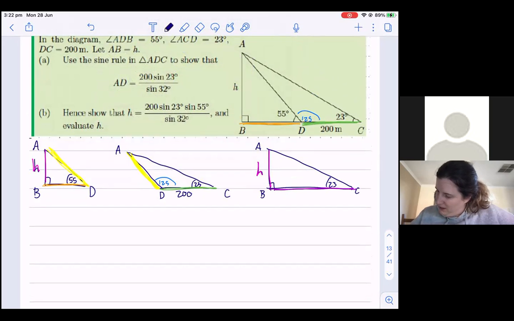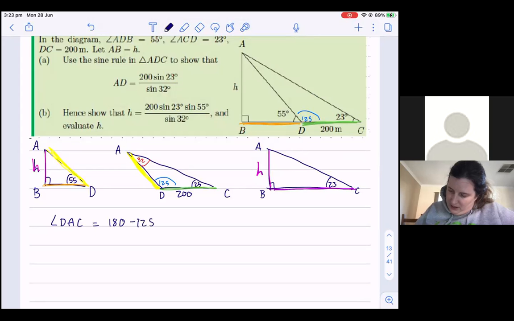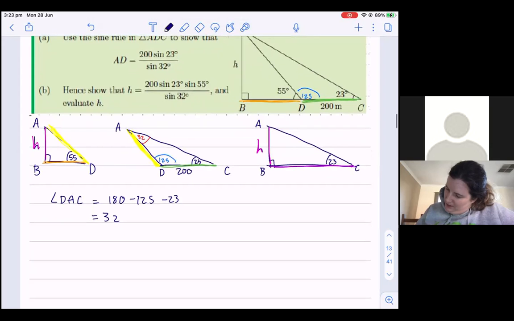If that angle is 23, that angle is 125, then this top angle must be 180 take those, 32. So we know angle DAC is 180 take 125 take 23, which is 32.